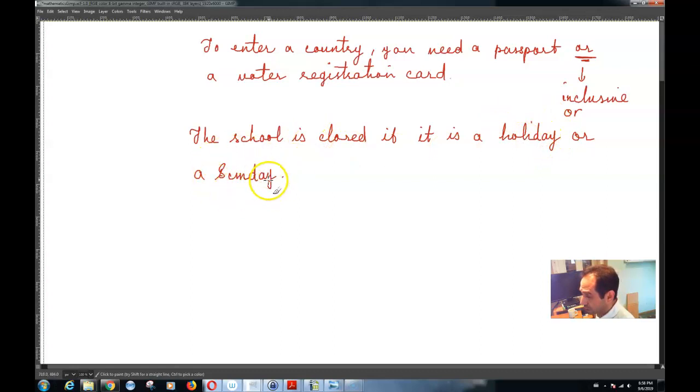If it's a Sunday, the school is closed. Here also or is inclusive, since the school is closed on a holiday as well as on Sunday.